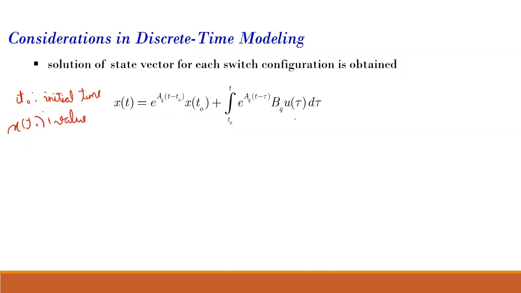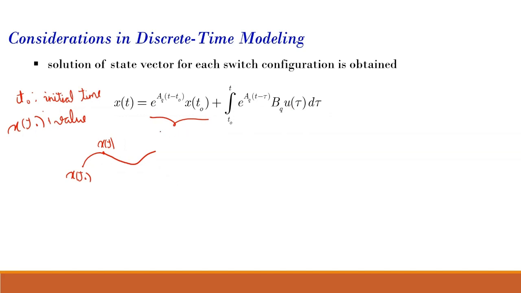Suppose this is my state, it is varying like this. This is my x of t0 and this is my value x of t. This behavior is determined by this equation: e raised to AQ (t minus t0) into x of t0, plus integration from t0 to t of e raised to AQ (t minus tau) into BQ into u of tau d tau.